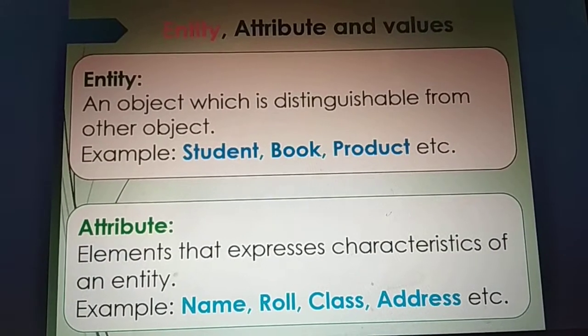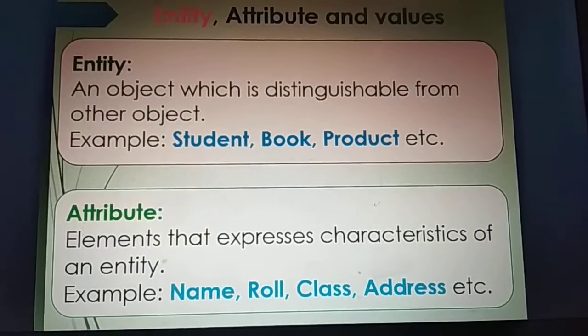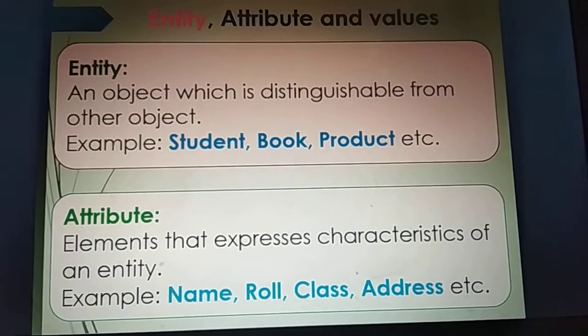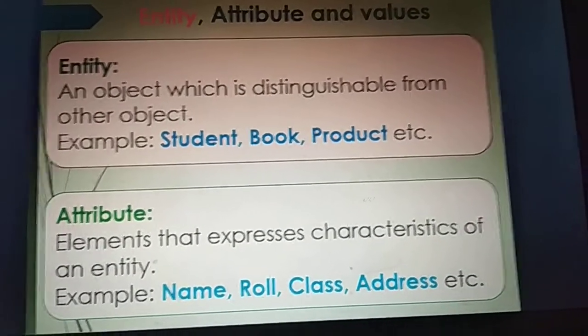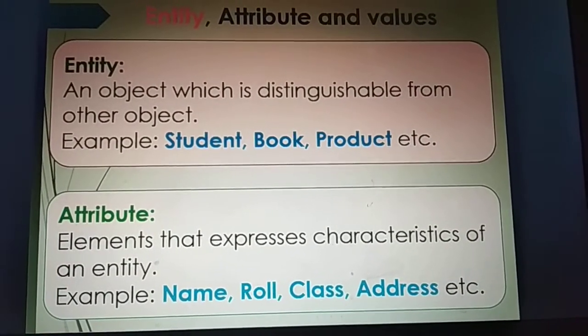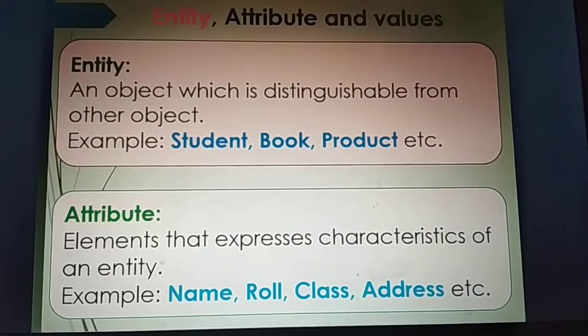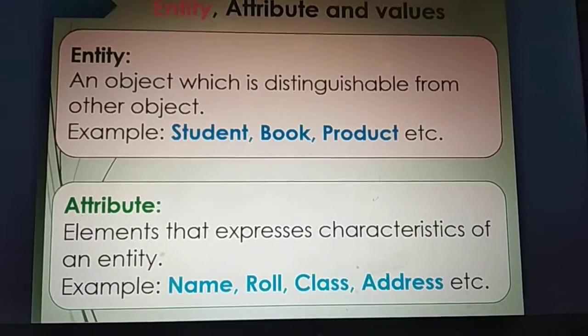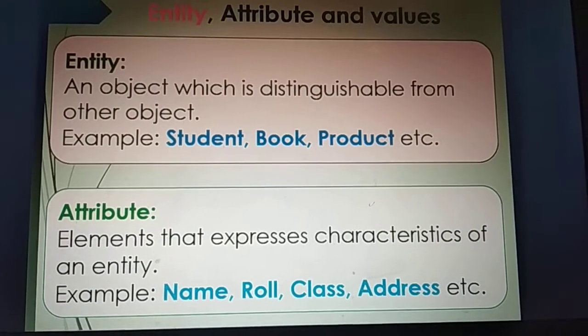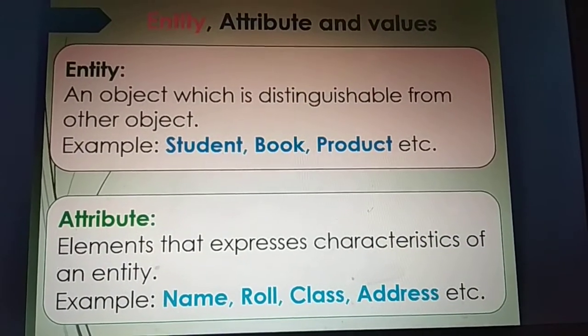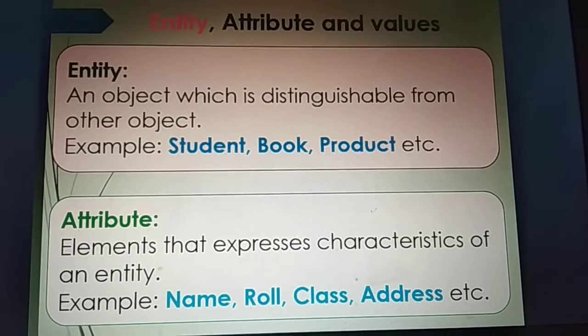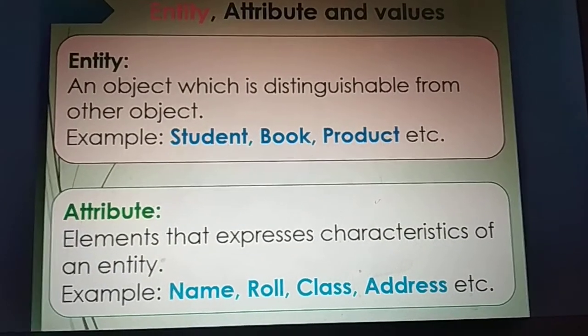So objects are of two types. One is conceptual object, another is physical object. All the objects are known as entity and these objects are distinguishable from each other. Here are some examples like student, book, product.